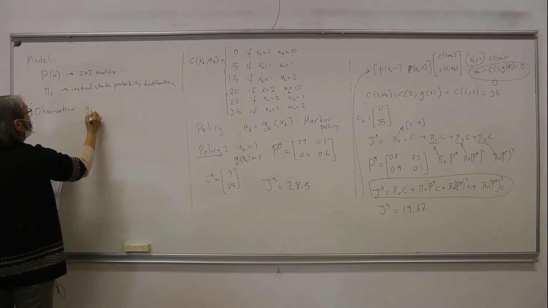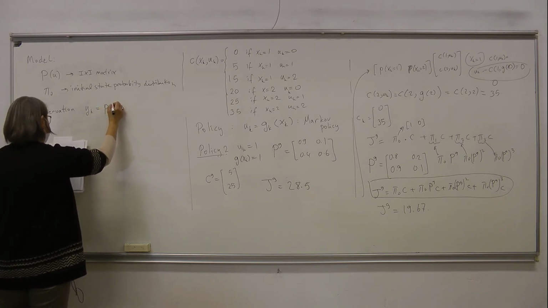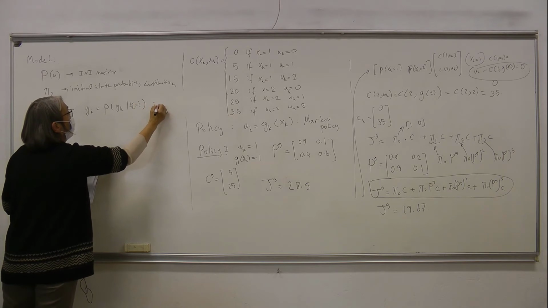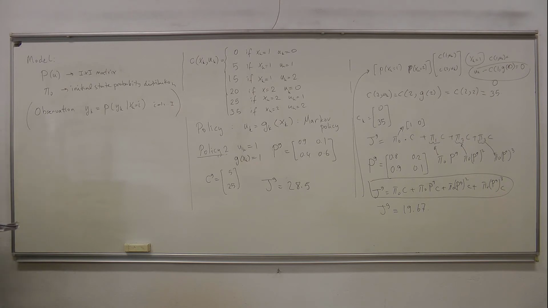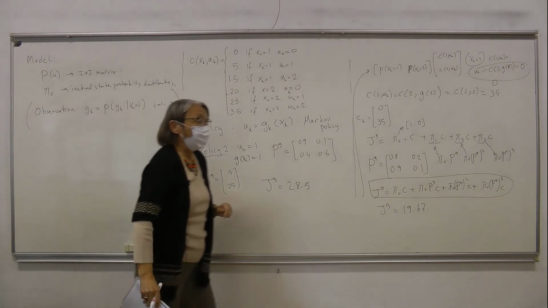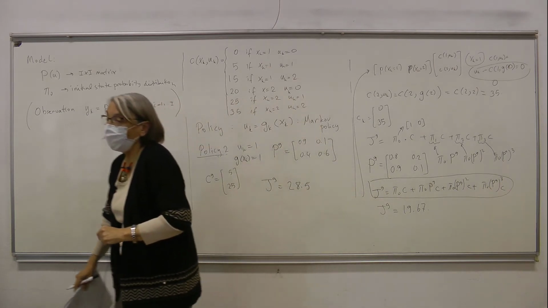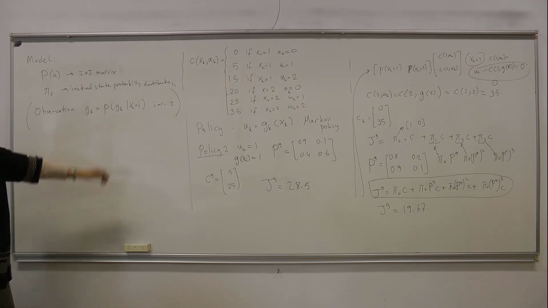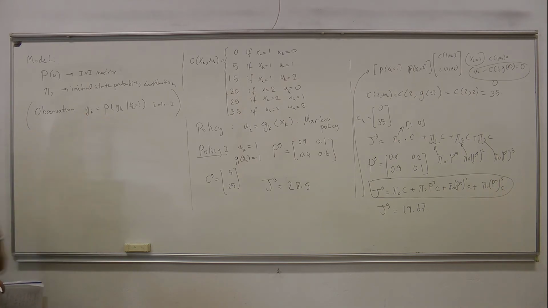The observation at any time k may be equal to yk, and in the model we have to include the probability of yk given that xk is equal to i, the state is equal to i from 1 to capital I. By means of this observation, the controlled Markov chain, which is also a Markov decision process, now becomes a partially observed Markov decision process, because we don't know exactly what the state is, but instead we find a probability related with it.